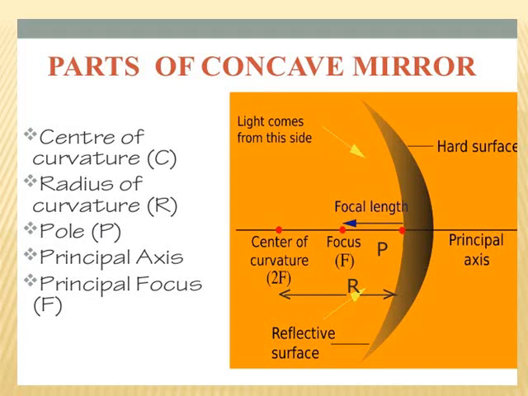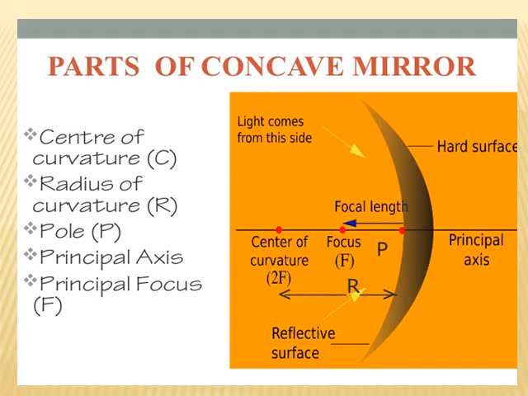So we find that three dots, pole, focus and center of curvature, all of them lie on the principal axis. And the distance between the pole and the focus is called focal length, and the distance between the pole and the center of curvature is known as the radius of curvature, R.